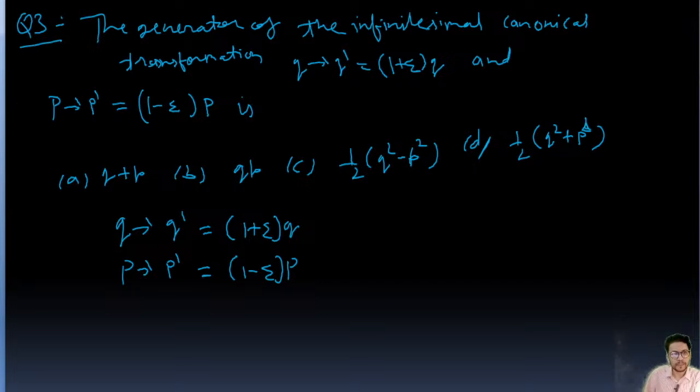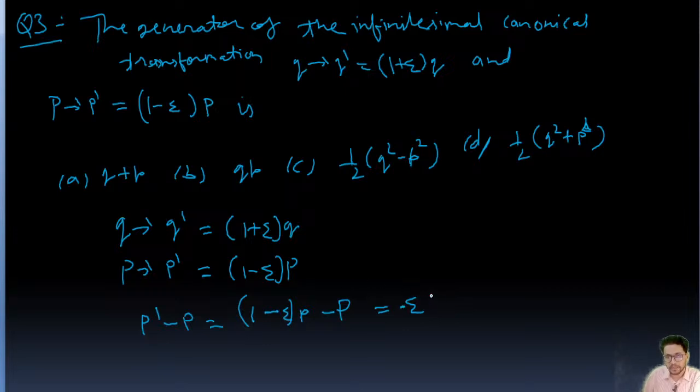So this is P dash minus P. So this is 1 plus epsilon P minus P, right? Just wait, what mistake then? This is 1 minus, guys, because we are doing with P, right? So this is 1 minus. So PP will get cancelled.